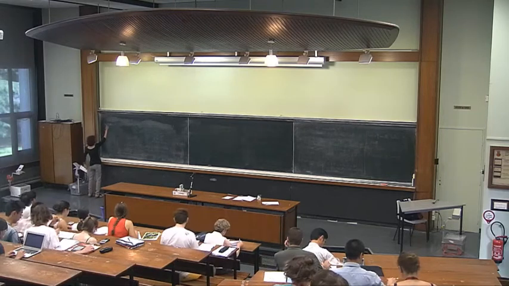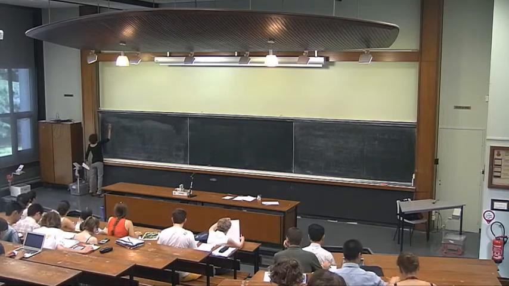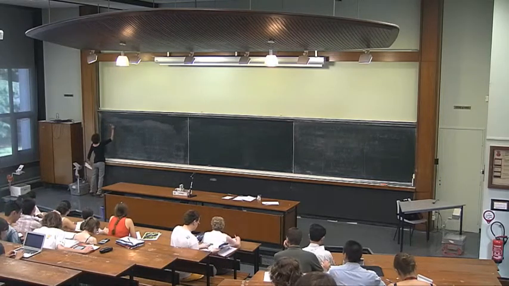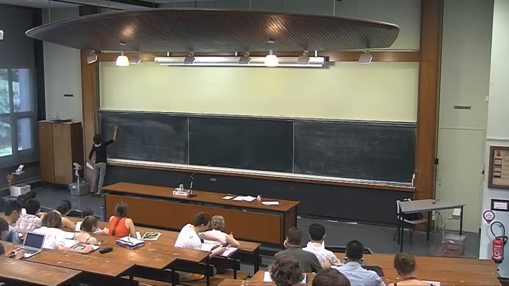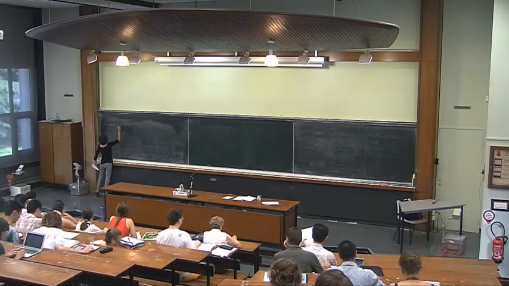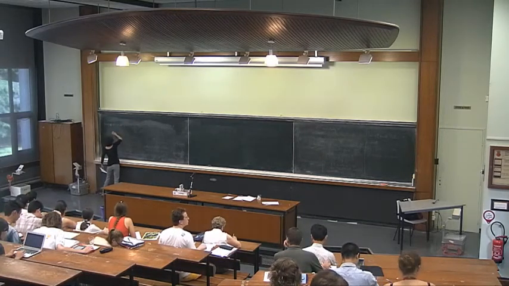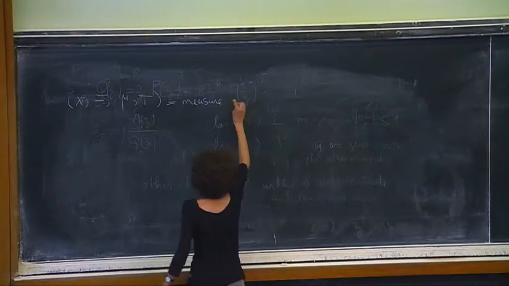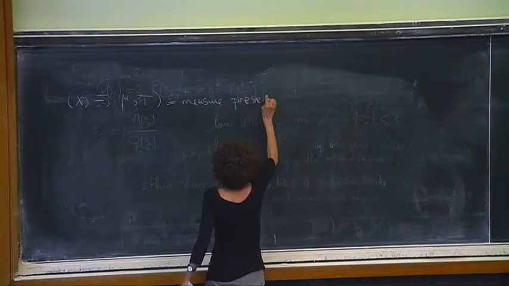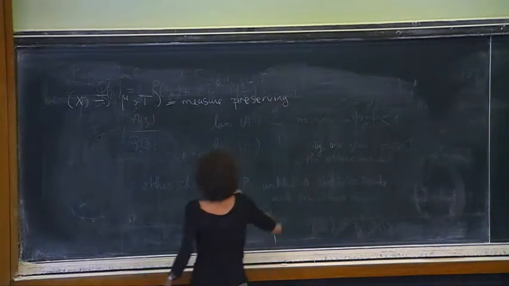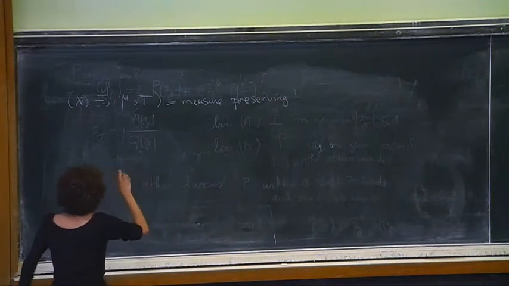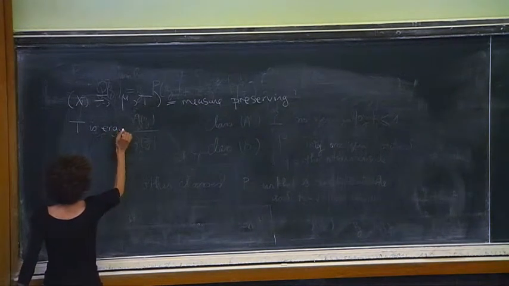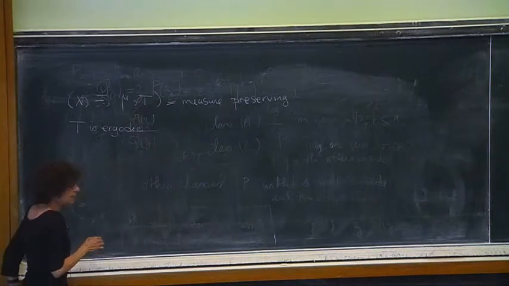I have my dynamical system, and this is measure preserving. And when I stated the ergodic theorem, I also mentioned that T is ergodic, but actually this is not important. You still get convergence, but then the answer is not as nice.